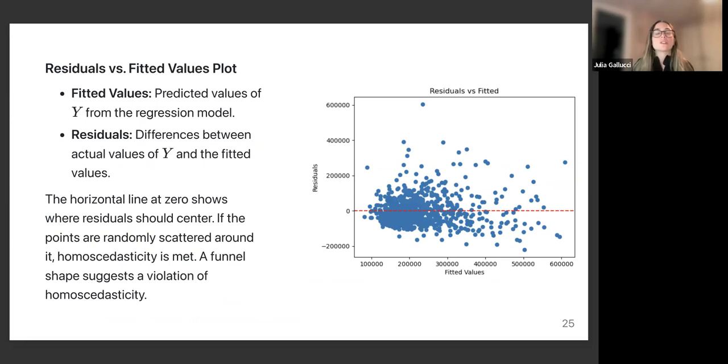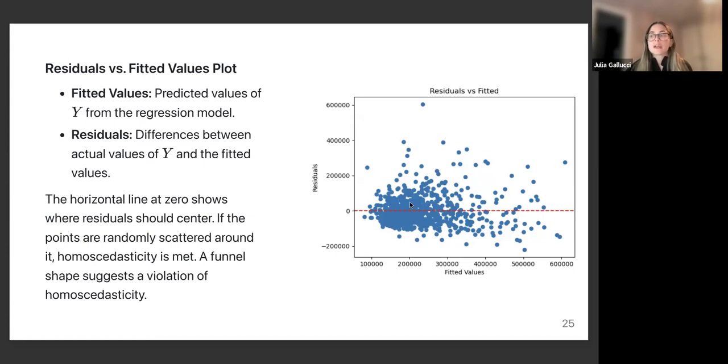We also have residuals, and once again, these are the differences between the actual values of Y and the values that our model predicted. In other words, residuals measure how far our model's predictions are off from the actual data. In this plot, we have a horizontal line at 0, representing where the residuals should be centered. Ideally, residuals should be evenly distributed around 0.